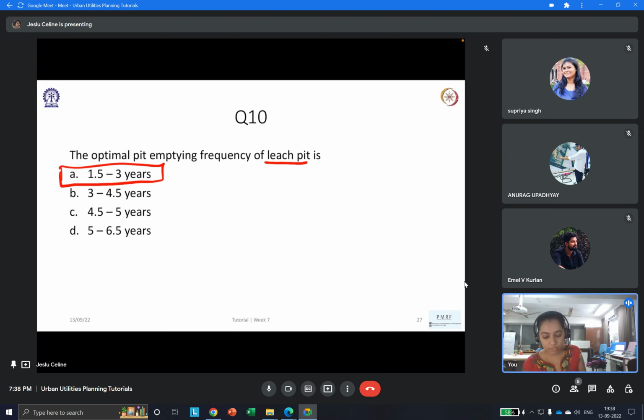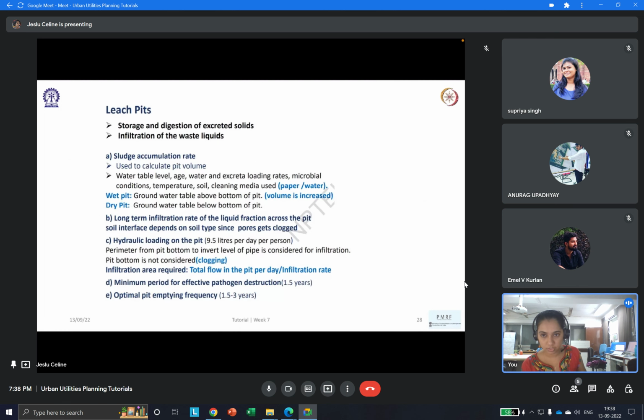Okay, so we have learned this in our lecture also, that it is 1.5 to 3 years. So let's just see that, the same slide. Optimal pit emptying frequency is 1.5 to 3 years. One of the logics is that the minimum period for effective pathogen destruction is 1.5 years. So you need to keep cleaning it after 1.5 years, and 3 years because it should not accumulate more also.